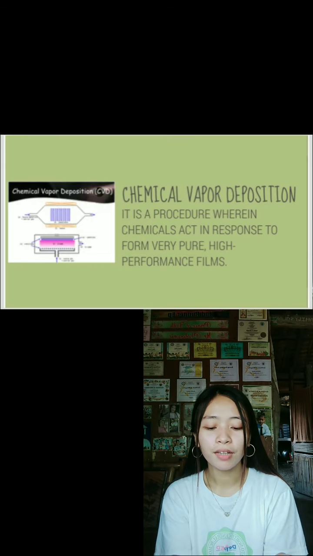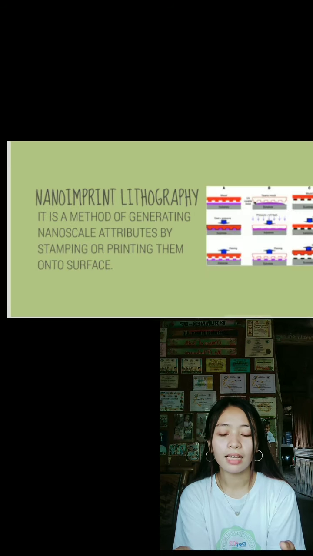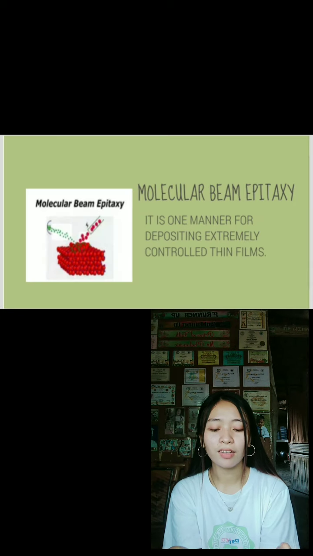And the third, chemical vapor deposition. It is a procedure wherein chemicals react to form very pure, high-performance films. And the fourth, nanoimprint lithography. It is a method of generating nanoscale features by stamping or printing them into a surface. And the fifth, molecular beam epitaxy.